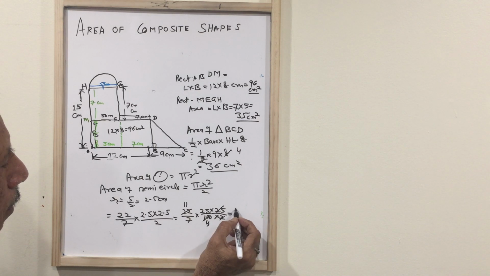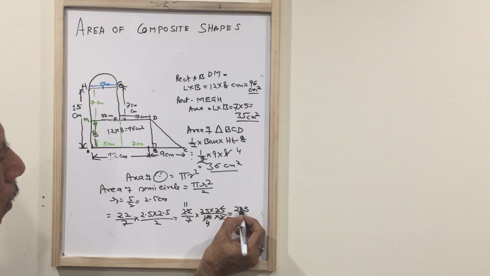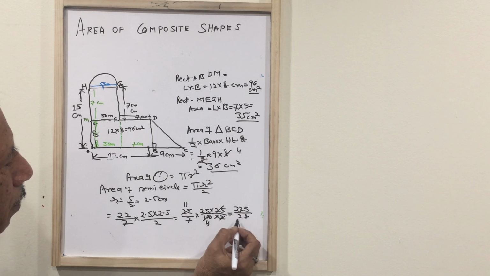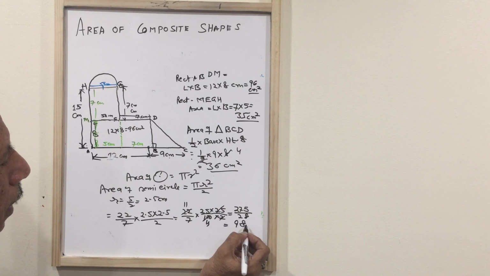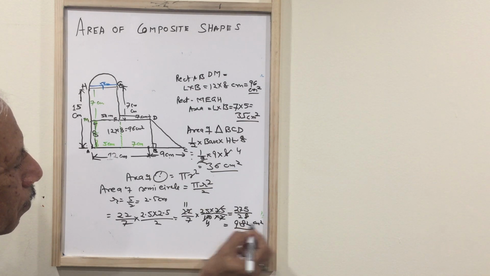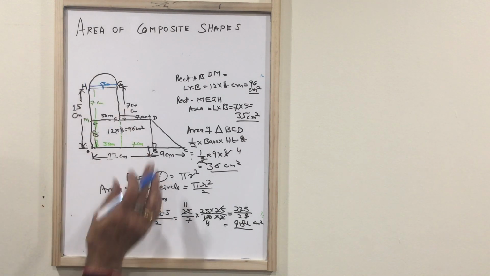So we are left with 275/28. This is equal to 9.82 centimeter square.